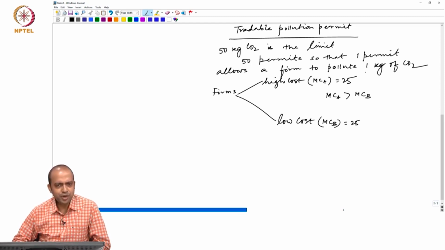it would be able to abate only a small amount, right.